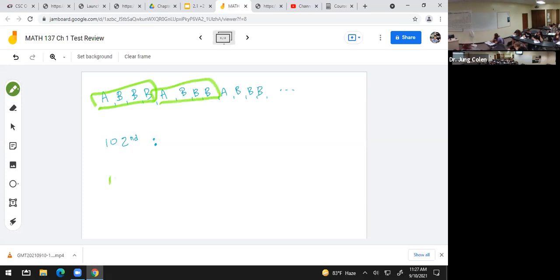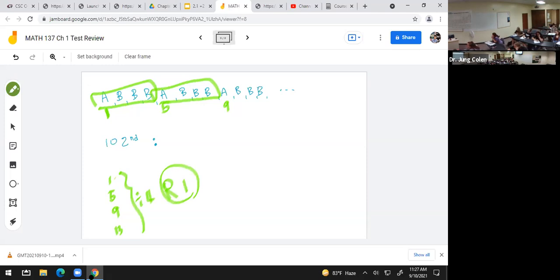If we divide any number like 1, this is the first number, that's the fifth number, that's the ninth. 1, 5, 9, 13, all of these numbers, when we are dividing this by 4, what's the remainder? It's always 1. If the remainder is 1, it will be A. Otherwise, it will be B.